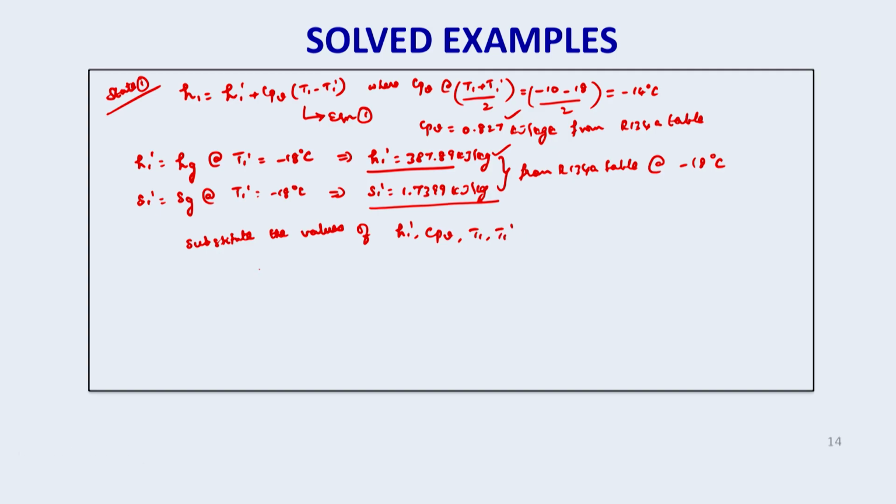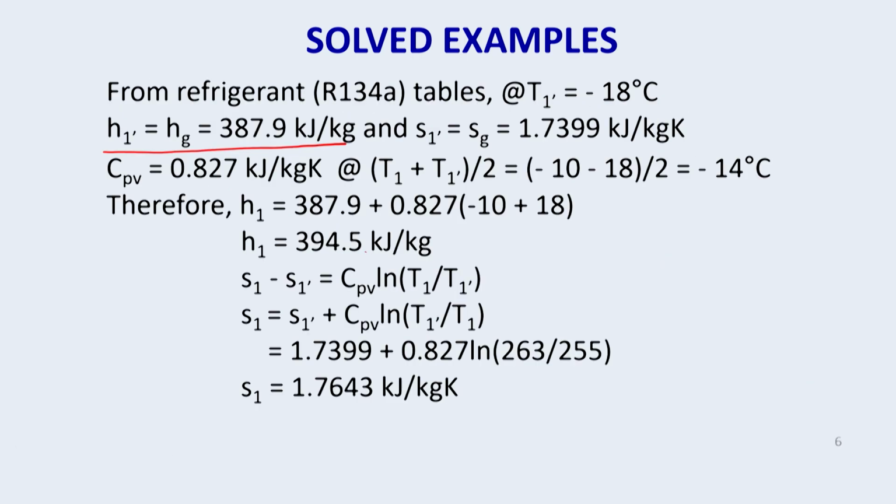So in equation 1, H1 is equal to H1 dash, 387.89, plus Cp of vapor, 0.827, into delta T, T1 minus T1 dash, that is minus 10 minus of minus 18, which becomes plus 18. When we calculate, H1 comes to 394.5 kilojoule per kg.